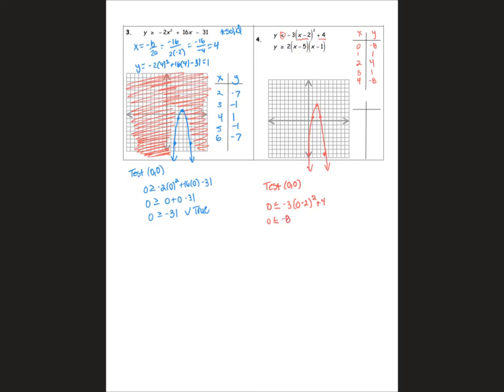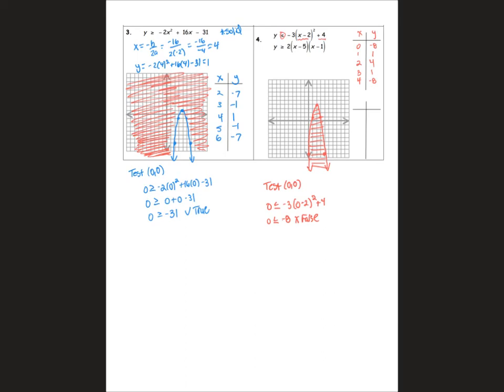So is 0 less than or equal to negative 8? That is false. So that means I must be shading inside this parabola. Now notice I didn't darken this shading in because I want to see where the overlaps are. So I'm just lightly shading right now.